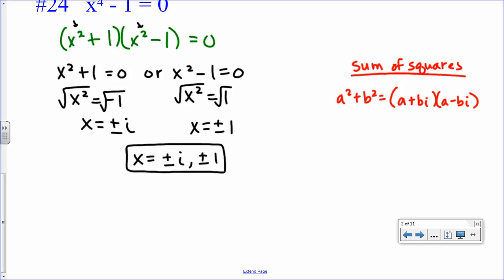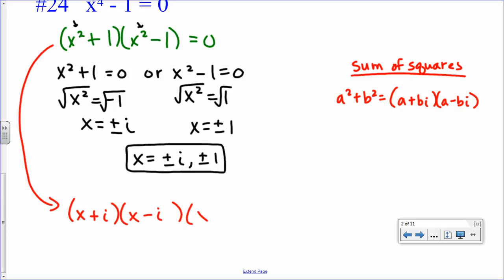So if you wanted linear factors, which in this case we don't need, further down the semester, when we factor these, it'll say write your linear factors. So you would have to factor this further. Now we're just solving, and so we can solve when it's quadratic. But if you wanted linear factors, then your sum of squares would be x plus 1i, x minus 1i.